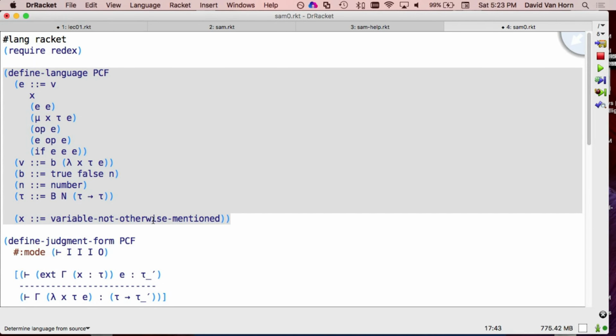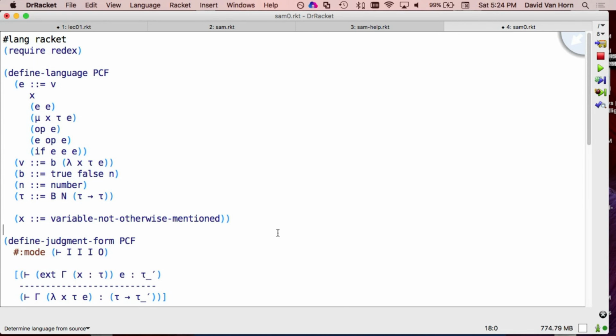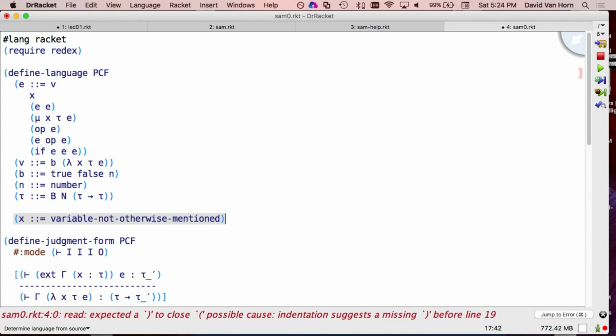What that will mean is if it doesn't occur as a literal in my grammar, then it's a variable name. That's a useful little built-in thing in Redex. And Redex knows about number and things like that. But then what's a type environment?